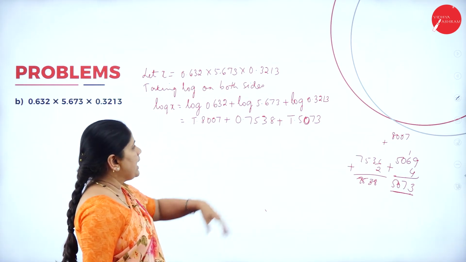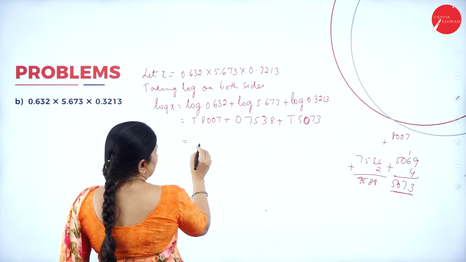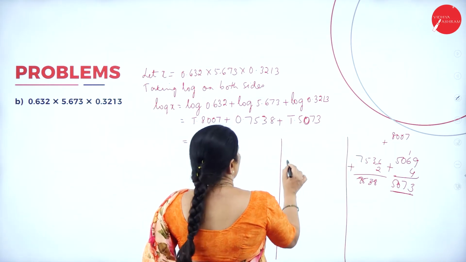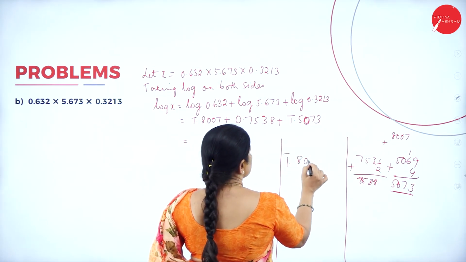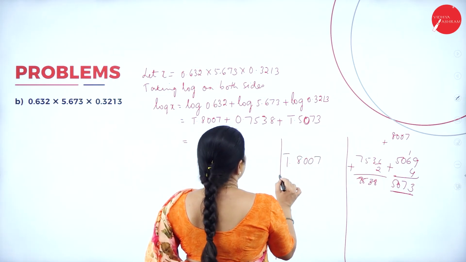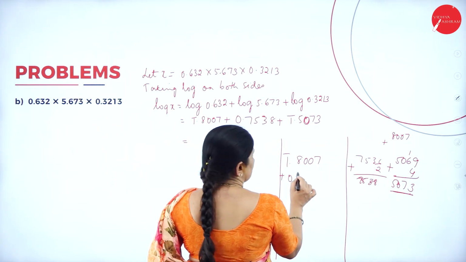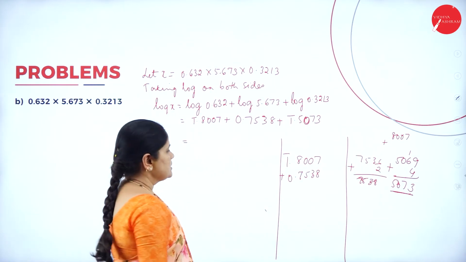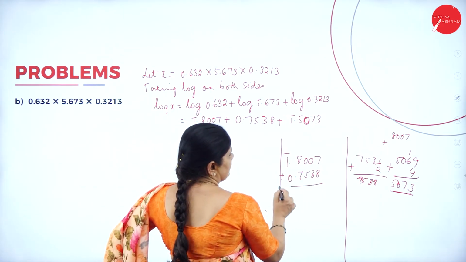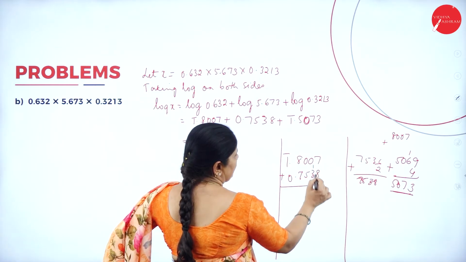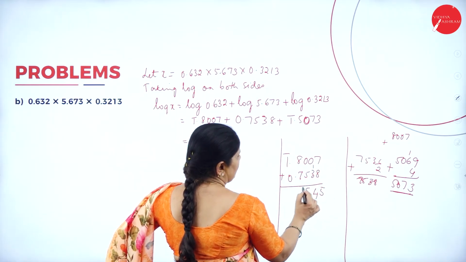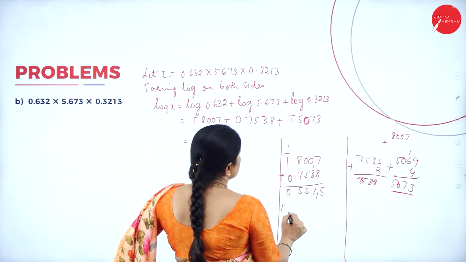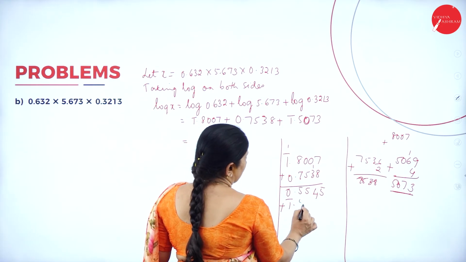Now I will have to add all these values. So in a working column I will add it here. So 1 bar 0.8007 plus 1 bar 0.7538 plus 1 bar 0.5073. So what is the value you are getting? 7 plus 8, 15, 5 borrow 1, 4, 5, 15, 1 and 1 gets cancelled, 0 plus 1 bar.